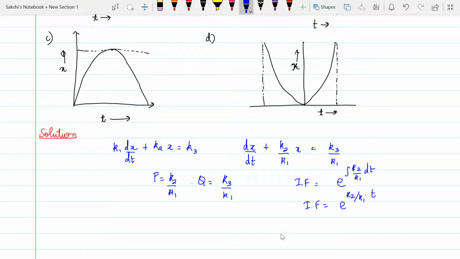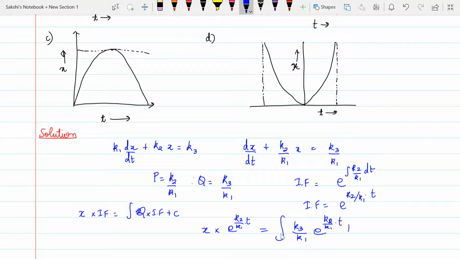So this will be my integrating factor, and I know the solution: x into integrating factor will be equal to integral of q into integrating factor plus c. So first we are going to find this particular integral. So x into integrating factor, e power k2 by k1 into t, is equal to integral of k3 by k1, which is constant, and this is my integrating factor e power k2 by k1 into t, plus c.